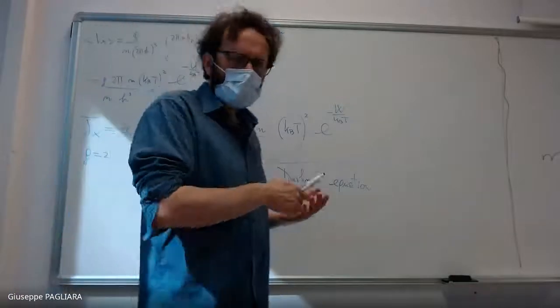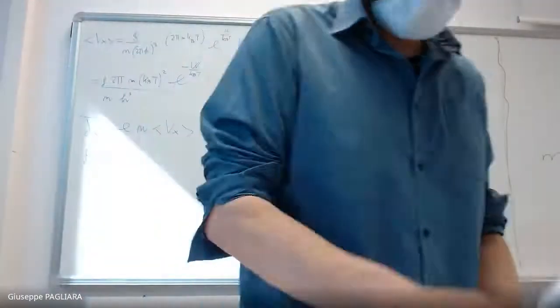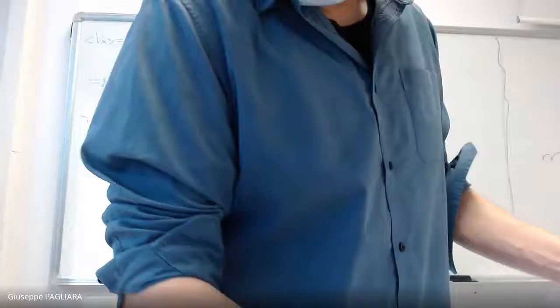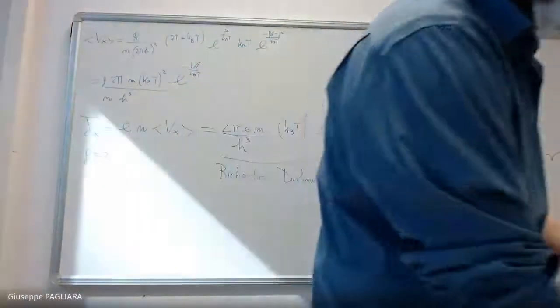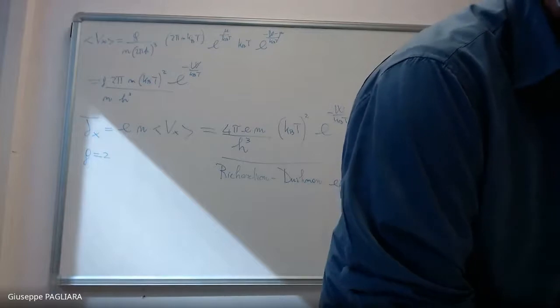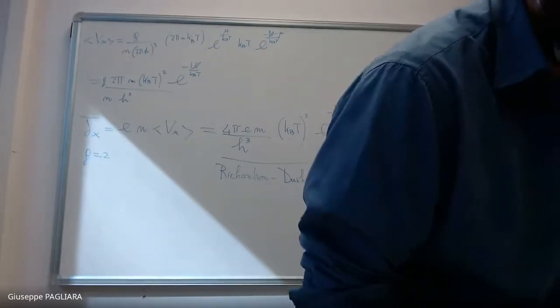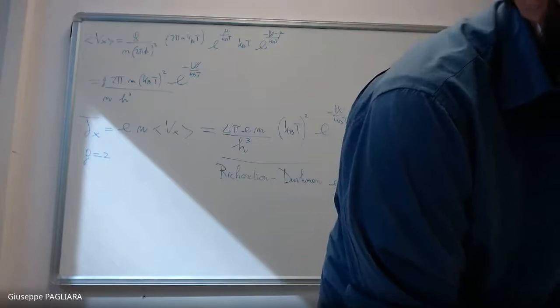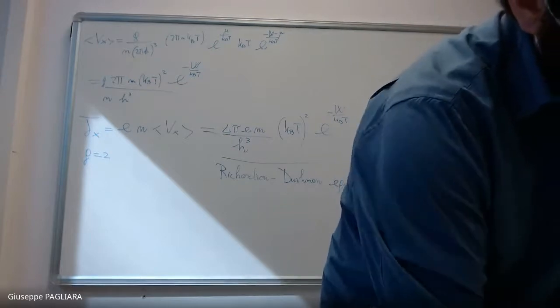Okay, so this is just an application of the Fermi-Dirac distribution, although at some point we have made the assumption of epsilon minus mu much larger than KBT in order to make the calculation easier.